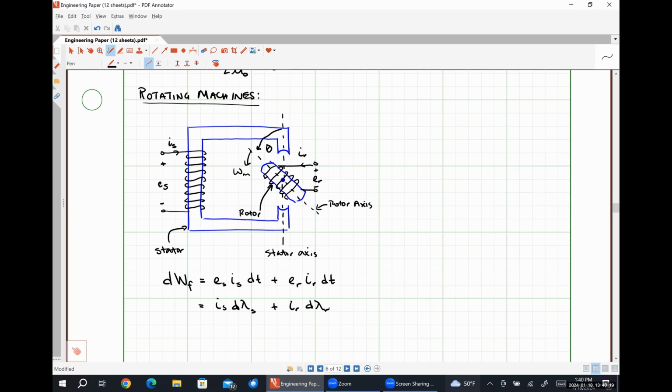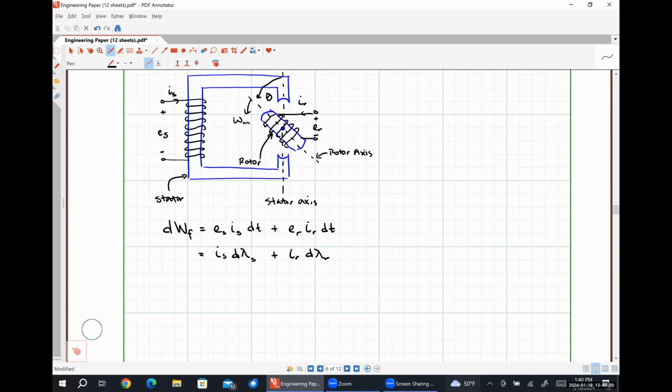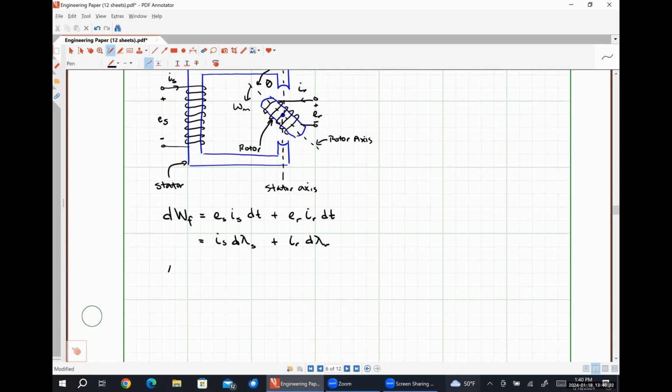For a linear magnetic system where we have coupled coils, which is something that we have right here, our flux linkages can be expressed in terms of the self-inductance and mutual inductance of our coils. Okay?